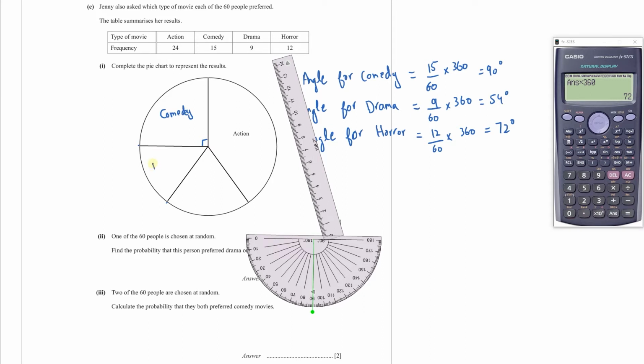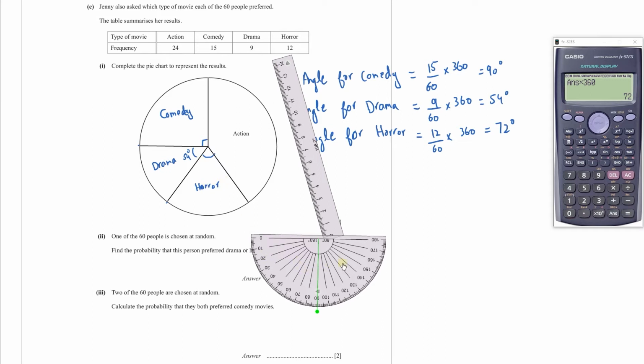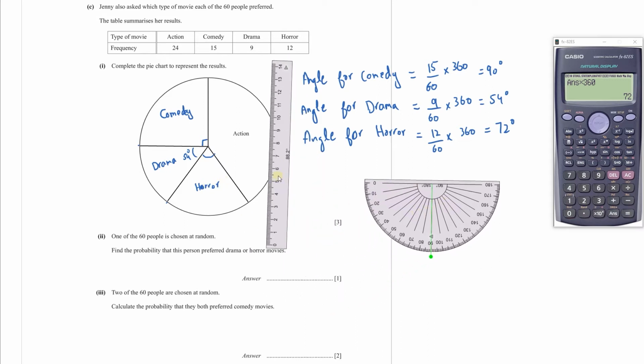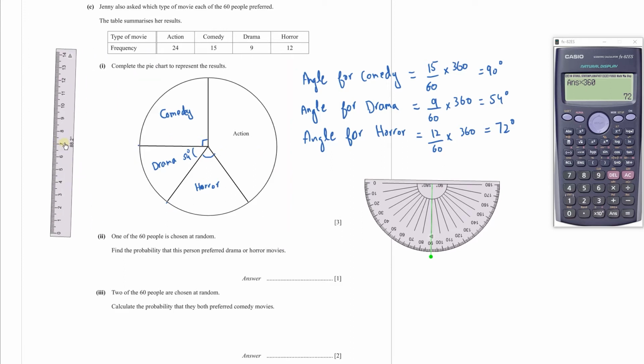This is drama, and the remaining angle, so this is 54, and the remaining angle here will be 72 degrees, which is for horror. So that's how you will complete this pie chart. So let me move this out of the way here. So this angle here is 72, the remaining angle.